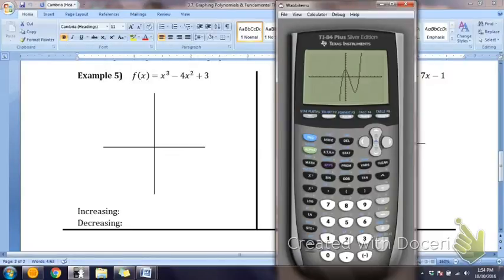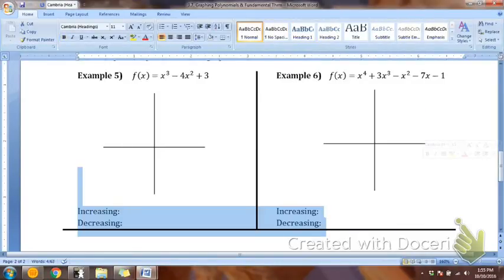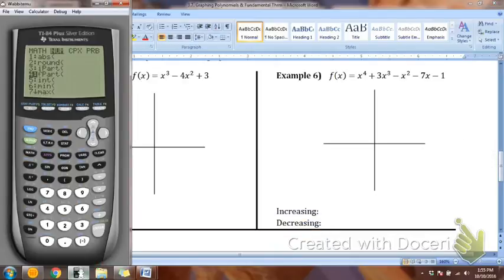Okay, so on your calculator, if you go to Math, Num, oh, just kidding. Oh, where did my calculator go? Okay, go back to your graph, look at it.